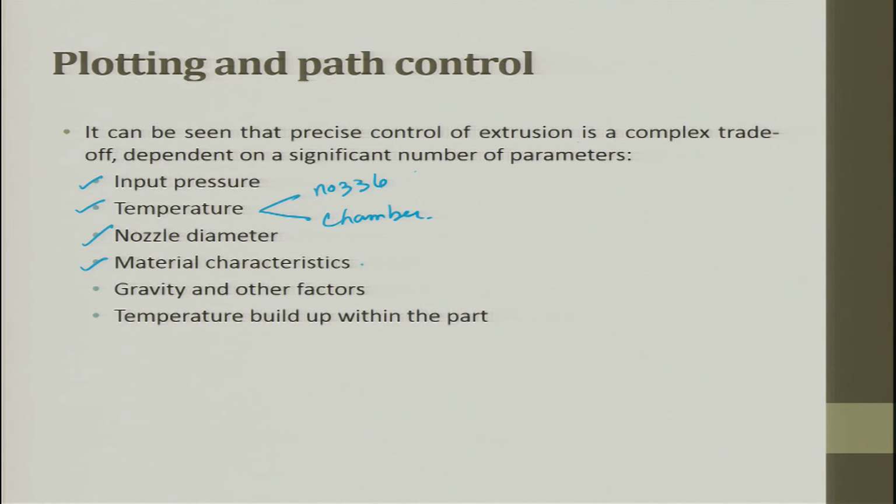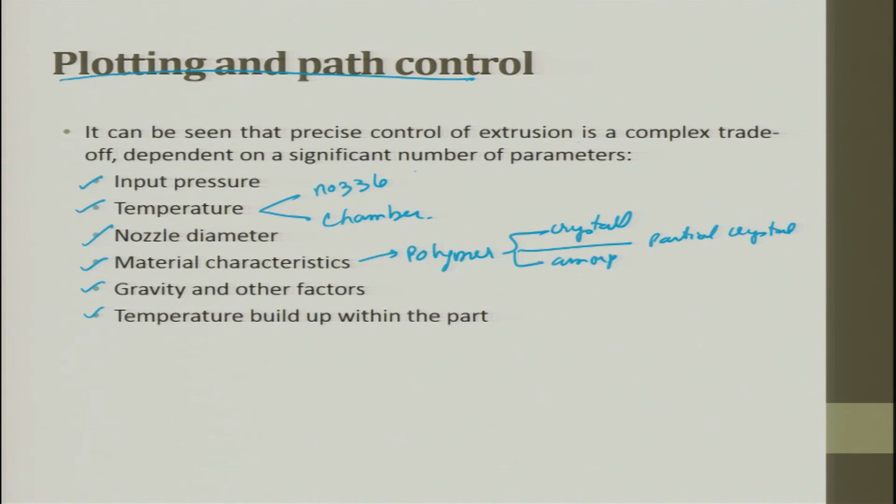Material characteristics: polymer, crystalline, amorphous, and partially crystalline. All these have a direct influence on the mechanical and physical properties, gravity and other factors, and the temperature built in within the part. These are some of the key features which depend on plotting and the path control.